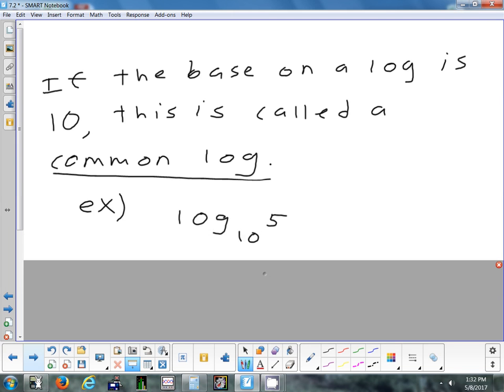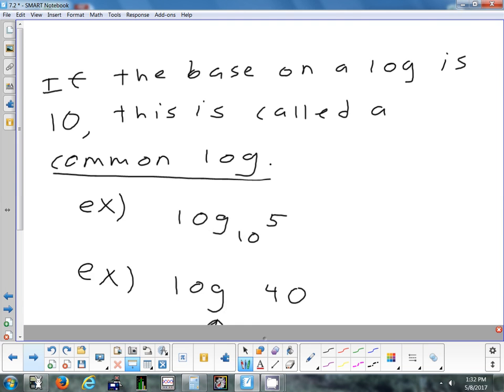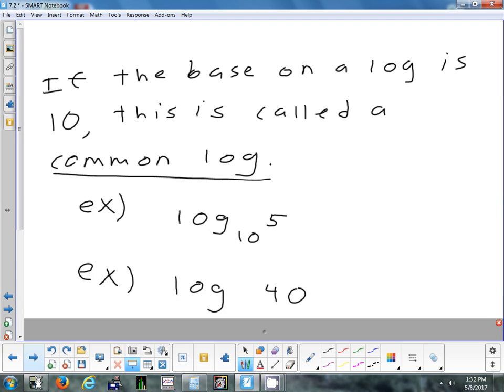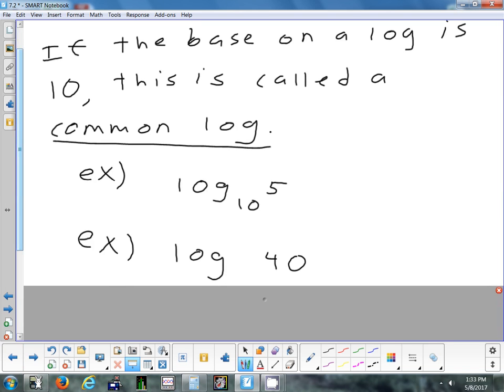So there's an example of a common log. Log base 10 of 5. That's also a common log. Log 40. What's different about the second example compared to the first one? Yeah, okay. It's not like below it. What's not below it? The 40 isn't like this subscript thing.